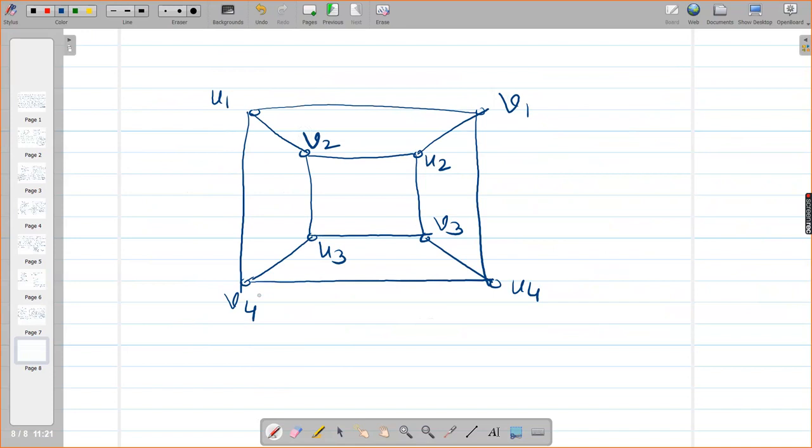So is this graph a bipartite graph? You have to check it quickly. Tell me in 5 minutes. We have 9 minutes to go. Solve it.